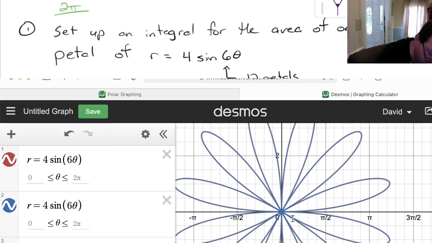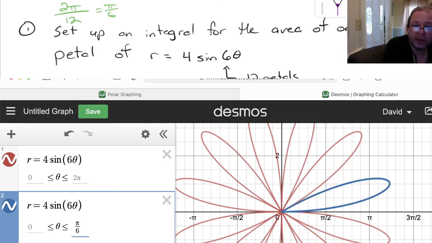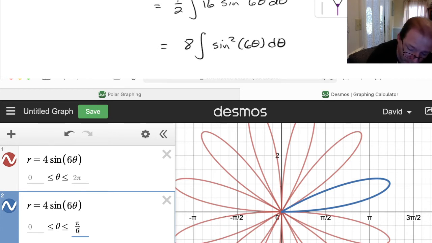So if you do 2 pi divided by 12, that gives me pi over 6. So I think pi over 6 is going to be where the first lobe ends. Let's try changing this to pi over 6. And sure enough, that graphs that first lobe just in blue. So we could use as our endpoints 0 to pi over 6.